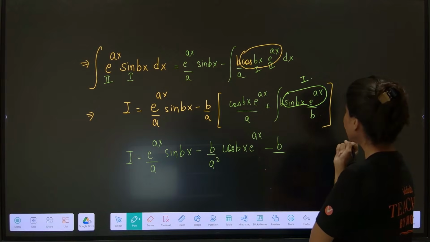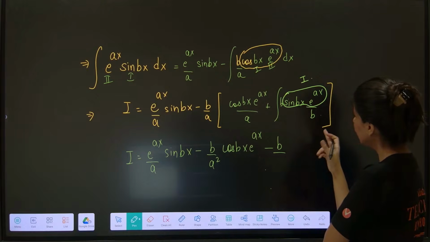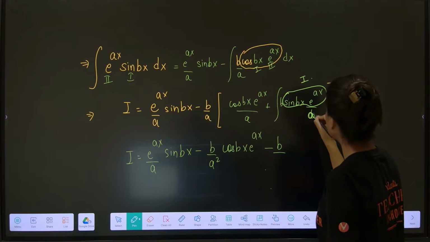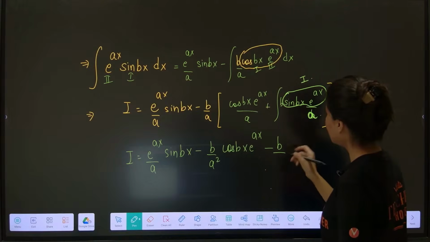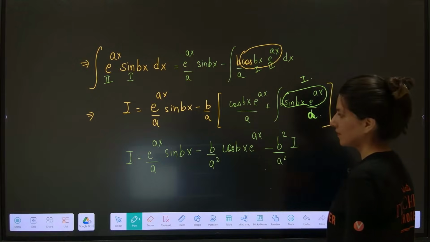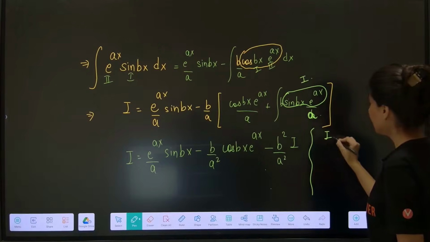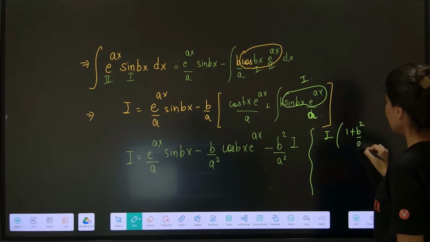This should be what? The derivative here. This is a, right? This is a. So now a square, b square by a square I. That's it.